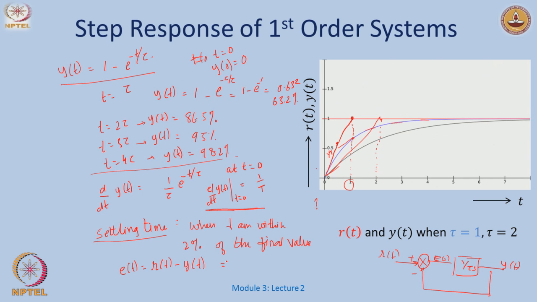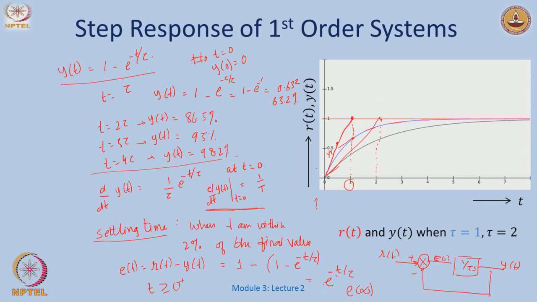What is r of t? It is just a unit step, 1. And y of t is 1 minus e to the power minus t over tau. So the error is simply e to the power minus t by tau, for t greater than or equal to 0 plus. Now what happens to the error at infinity?